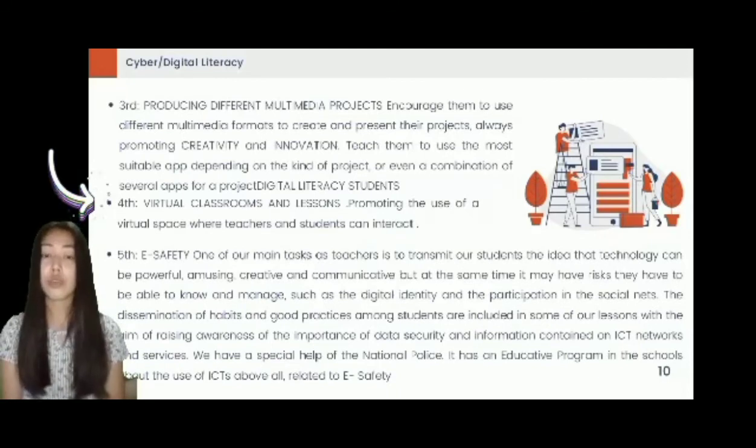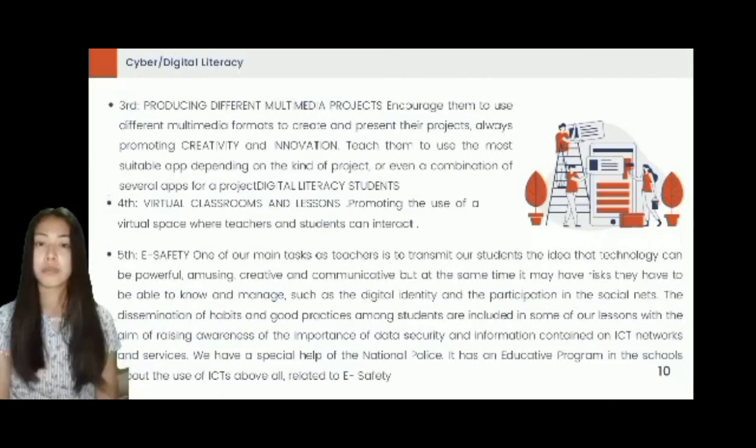So as a teacher, we can interact with our students, we can teach them, we can give as well as gain knowledge from them through the use of virtual spaces. So as a student also, we can use these virtual spaces or virtual classrooms and lessons to send our answered assessments.